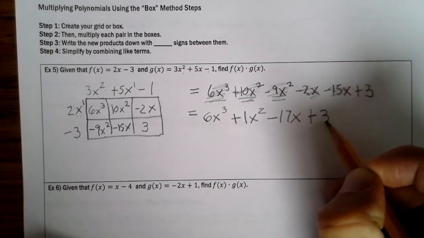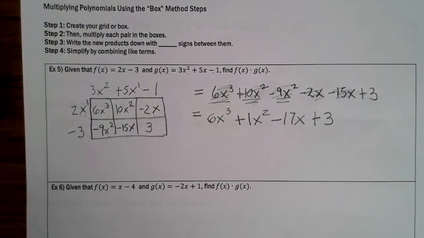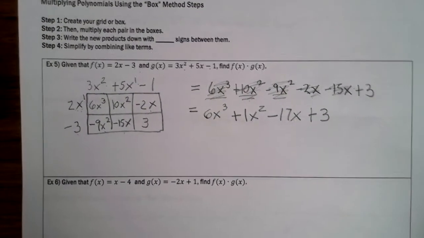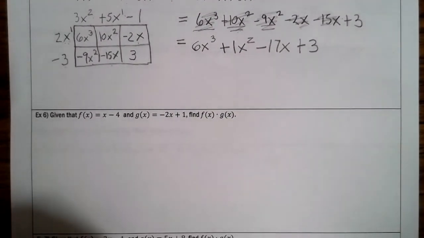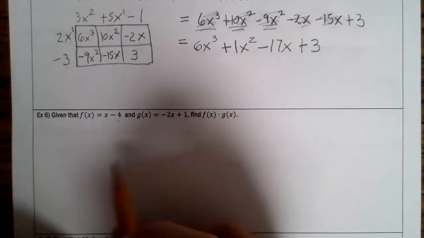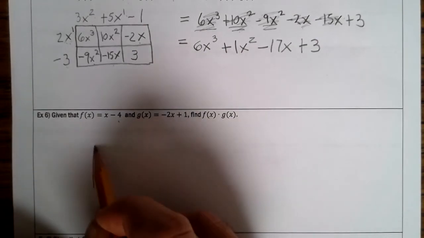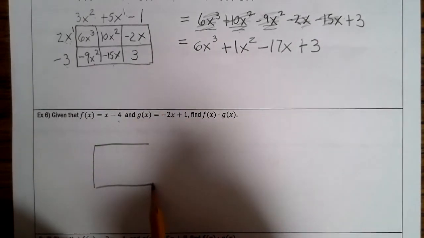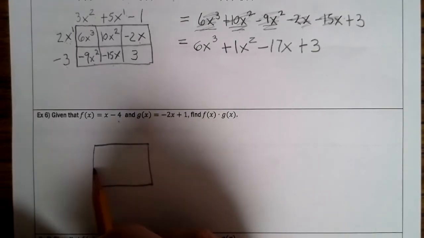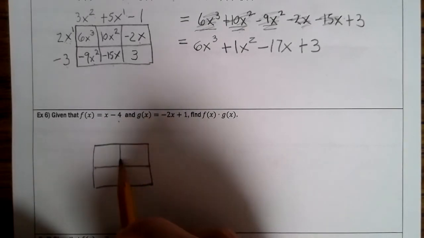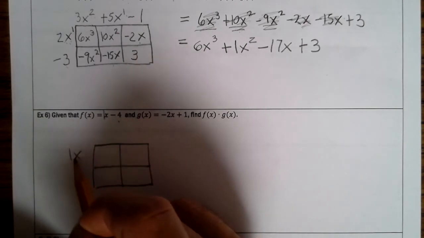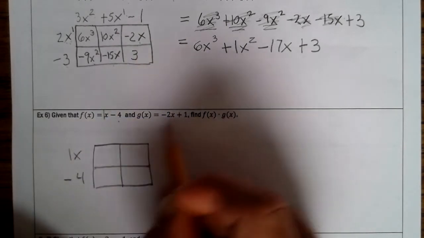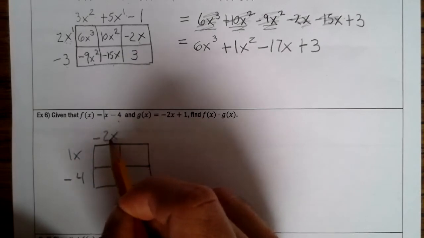All right, now let's look at example 6. So here we have 2 and 2, so our box is 2 by 2. I'm going to put a 1 in front of the x. So 1x minus 4 and negative 2x plus 1. Okay, so now we multiply.